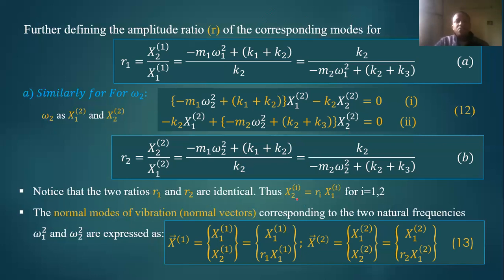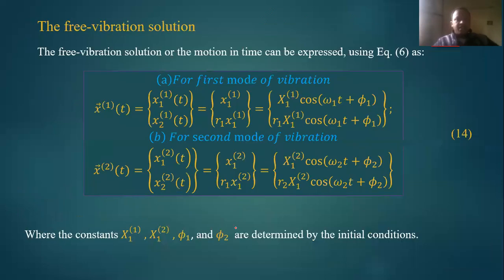That means X2 is equal to Ri times X1, for i equal to 1 and 2. So these are the normal modes of vibration, or normal vectors. Or we call these eigenvectors. These are the eigenvectors in the first mode, and this is the eigenvector in the second mode. So we can represent it in this manner.